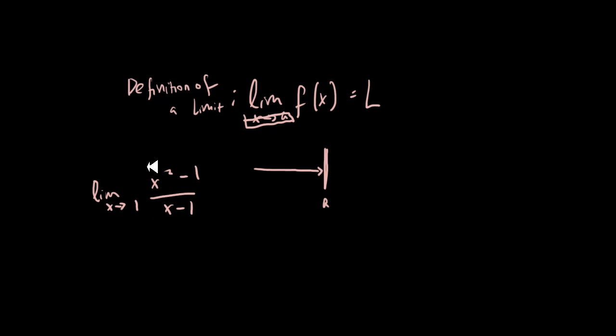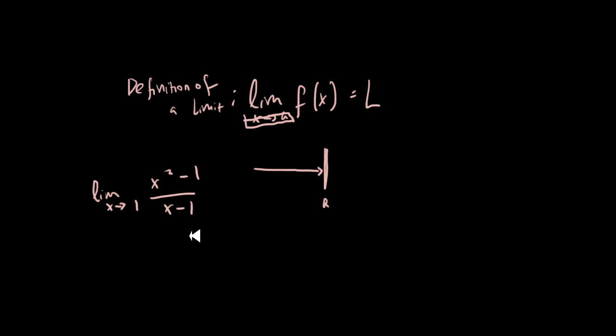And the reason that this works is that if x really is 1, the denominator equals 0, and we don't want that to happen. But it really doesn't equal 0, because this is a little bit smaller than 1. It's coming really close to 1, but it's not 1 yet.